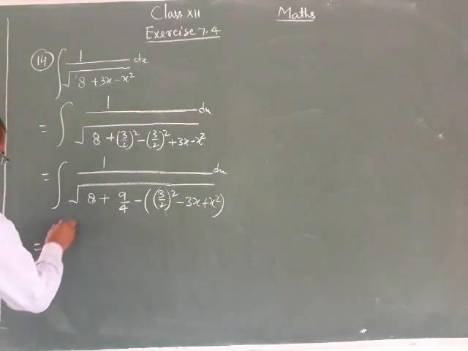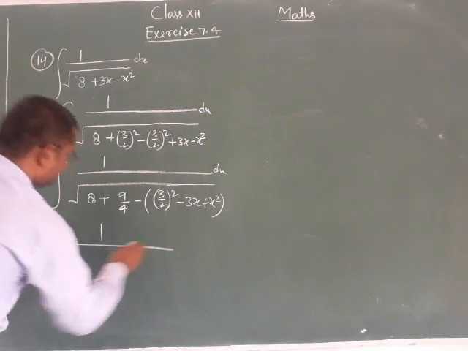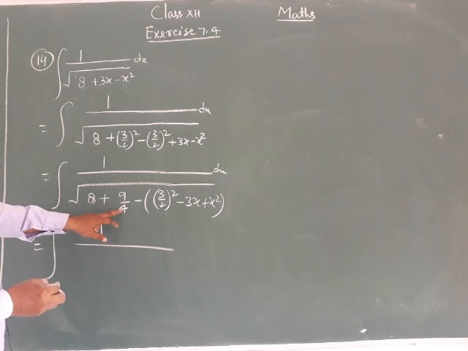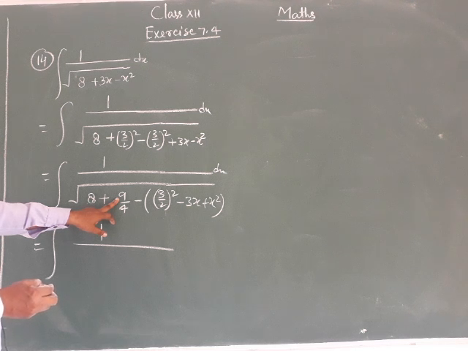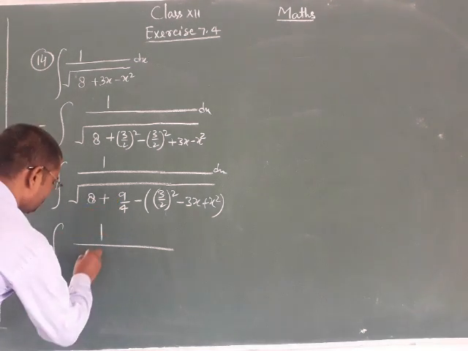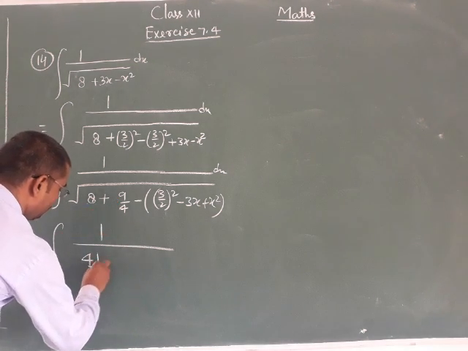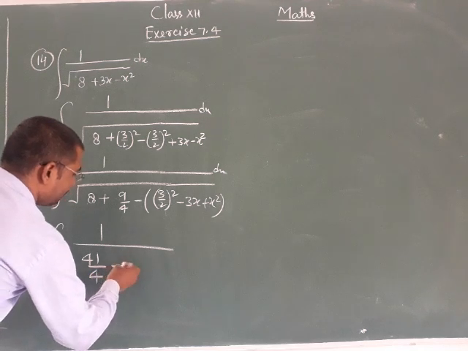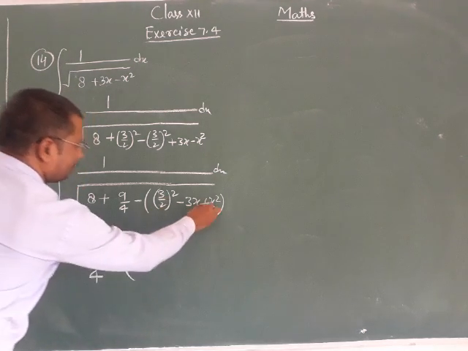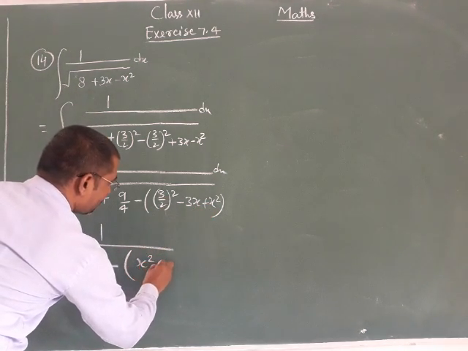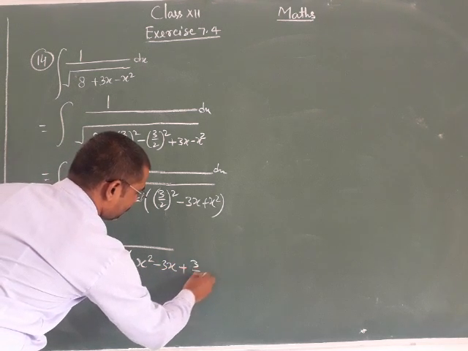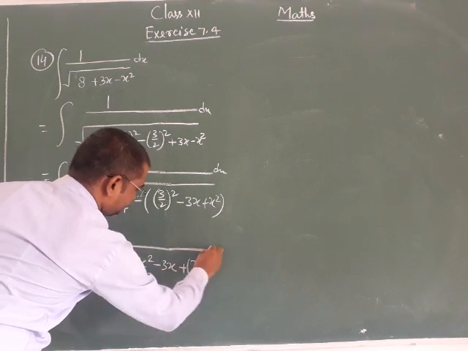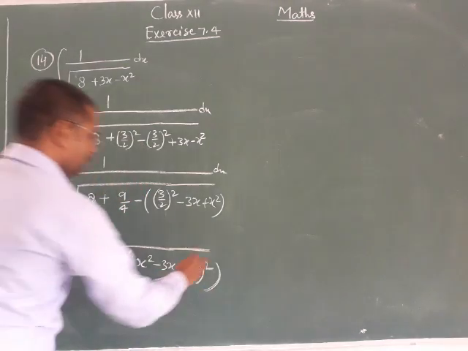Also you can write 1 upon root of 8 times 4 is 32, plus 9, 41, 41 upon 4 minus, also can write x square minus 3x plus 3 by 2 whole square, dx.